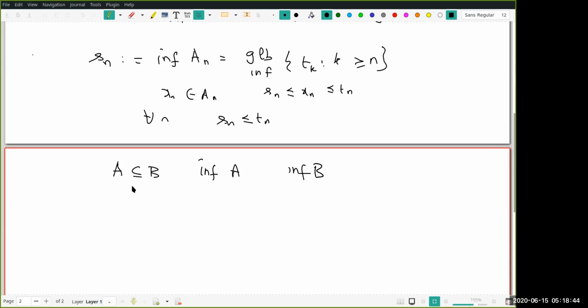Any lower bound for B will also be a lower bound for A, and hence the greatest lower bound of B will be a lower bound for A, and hence the GLB of B will be less than or equal to GLB of A. In other words, infimum of A is greater than or equal to infimum of B. So this tells us Sn, which is the infimum of An, should be greater than or equal to the infimum of An plus 1, which is Sn plus 1. Therefore, what have I found?